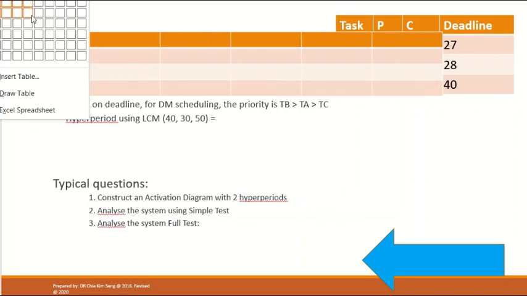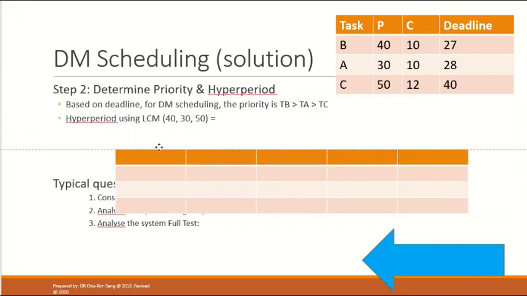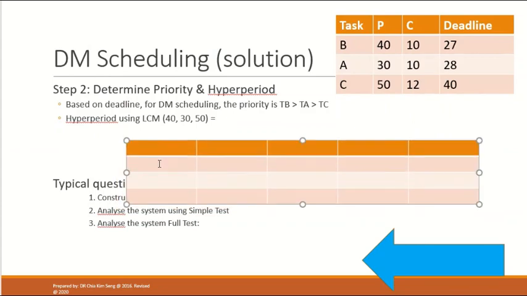You can use a table to do your LCM. First of all, you have the tasks B, A, C here, and then the period.